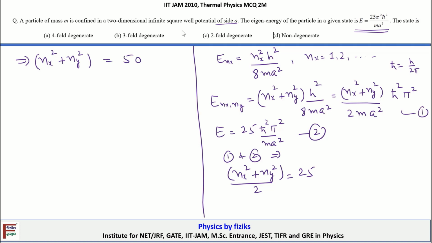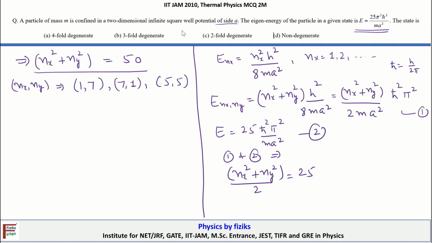Now we have to make the possible choices for n x and n y such that this condition is satisfied. The possible values are either 1, 7, where n x is 1 and n y is 7, which gives n x square plus n y square equal to 50, or the second choice 7, 1, and the third choice 5, 5.